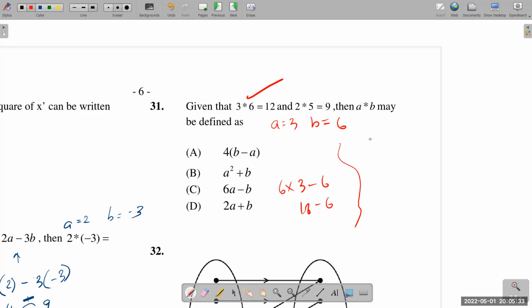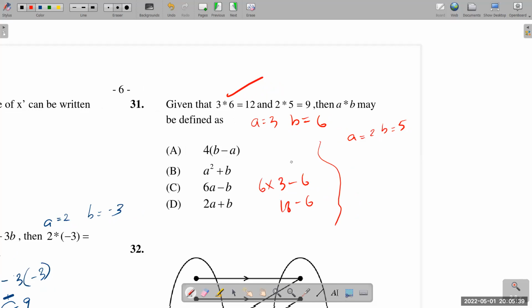Let's try the other one when A is 2, B is 5. If I get it right, y'all memory on point. So that's 6 times 2 minus 5. 6 times 2 is 12. 12 minus 5. No. That can't be right then, because 12 minus 5 is 7.